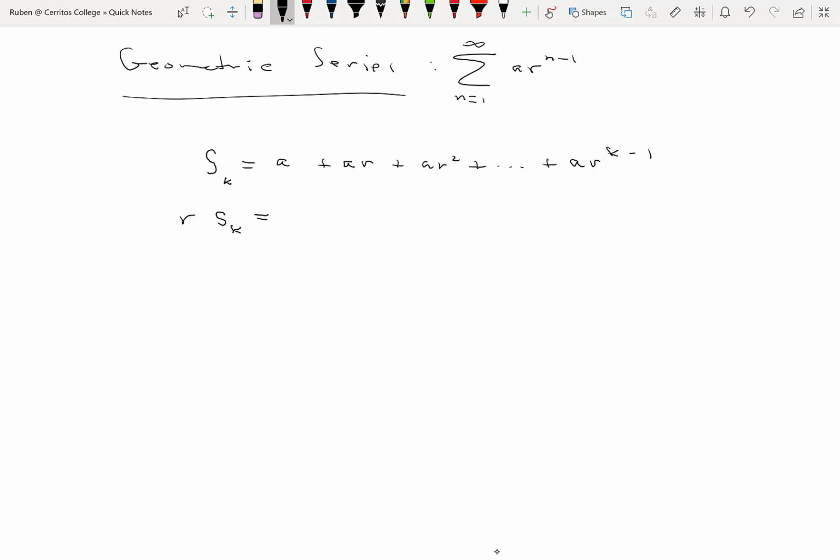If I multiply the right-hand side, the first term, a times r, is ar, and I'll write that right below the a above. The next term is ar times r, ar squared, plus ... all the way up to ar to the k. The term just before ar to the k should be ar to the k minus 1.